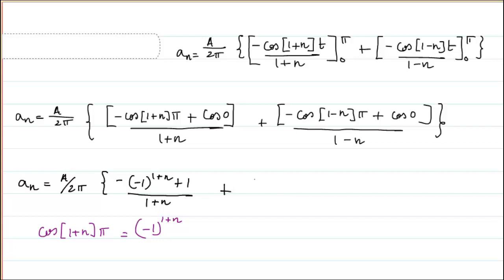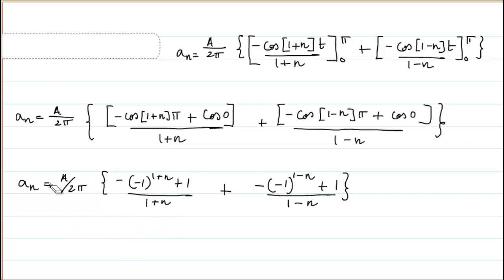Similarly, plus this one can be written as minus of (minus 1) to the power 1 minus n, plus 1, divided by 1 minus n. Okay, so that part I have done.